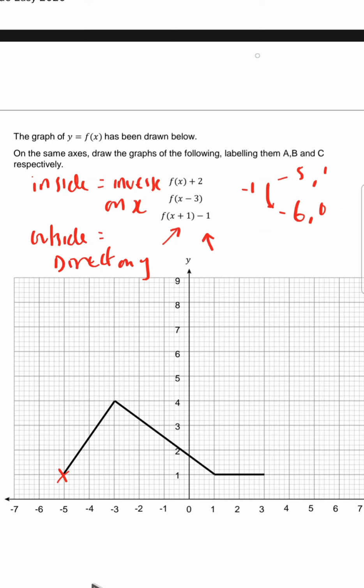Let's do the same thing with the other points. So we've got minus 3, 4. That was minus 1. Okay, so we're going to do the same thing. So minus 1, minus 4, 3. So minus 4.